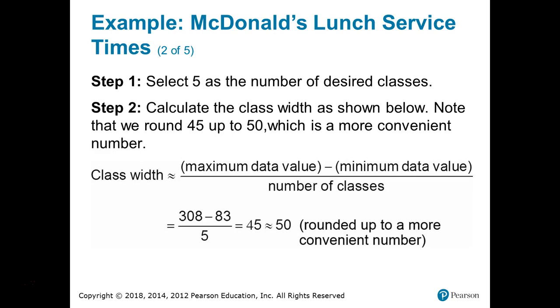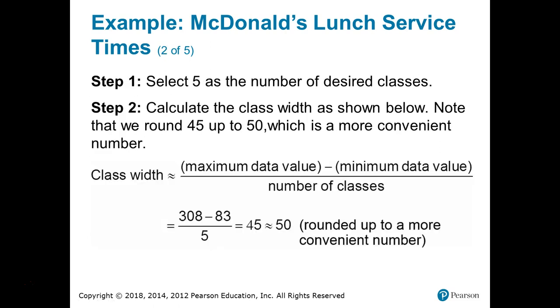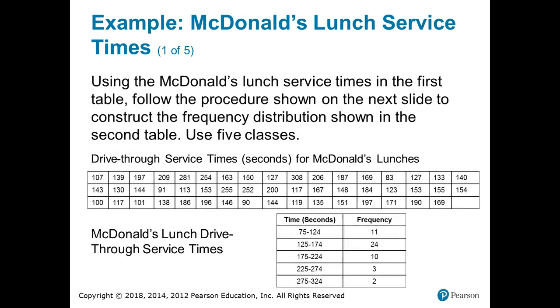So we're going to select 5 as the number of desired classes, and that's arbitrary. 5 seems pretty good. Again, I don't know what it will look like in the end, but we're choosing 5. So we then have to find out our class width. So what's our minimum? Well, fortunately, they're already sorted, so minimum is going to be 107.